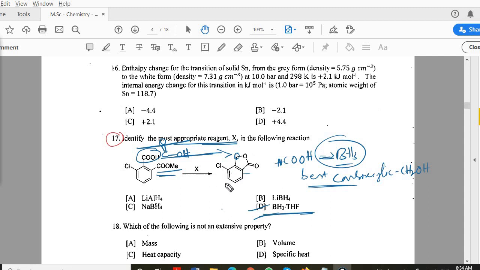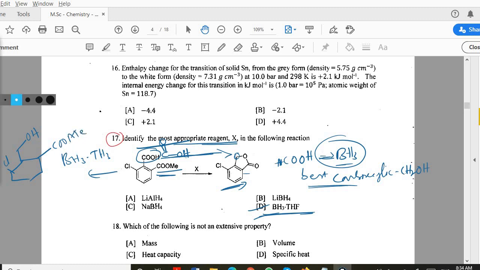So how can we see the conversion of carboxylic acid into alcohol and the formation of this compound? If I write the mechanism, boron is going to convert only carboxylic acid into alcohol. That is done with the usage of boron THF, and after this the ester will be there.